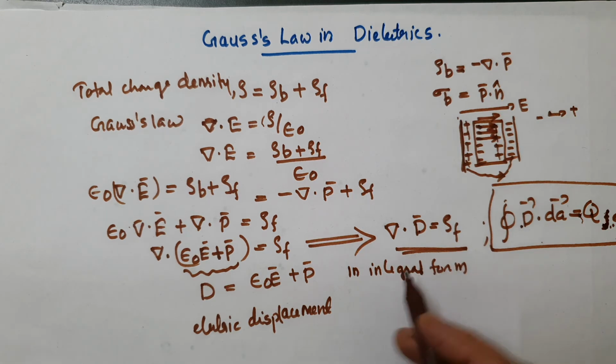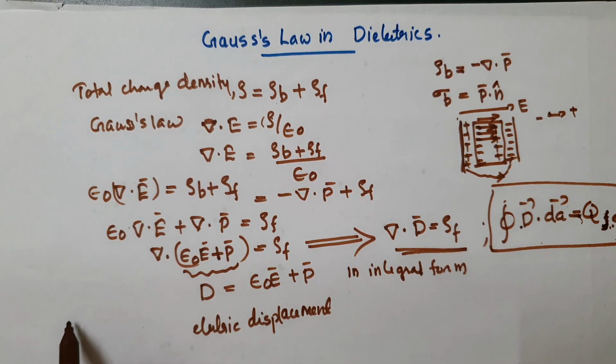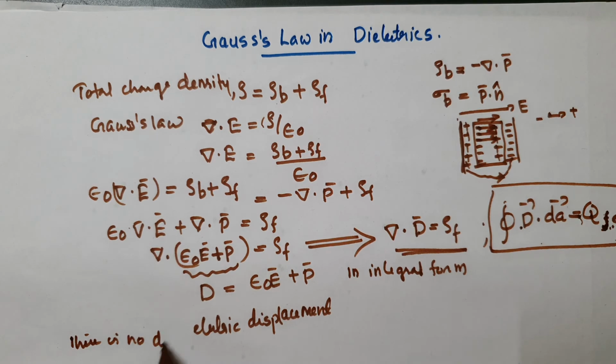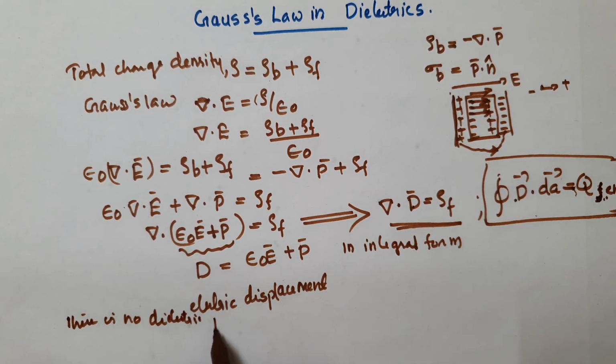And in free space, we know that there is no dielectric, and hence the polarization vector P is equal to 0.